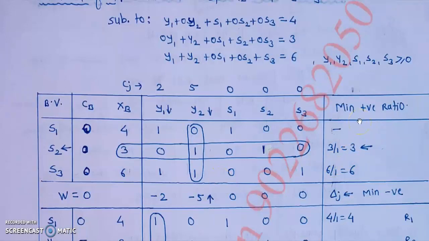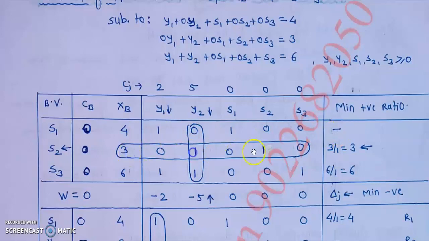We have the last column as the minimum positive ratio column, and how are these ratios obtained? These are nothing but the ratios of the xb elements taken with this key column element. We have decided the key column, that is 0, 1 and 1. So 4 upon 0 gives us infinity, that's why we put a dash over here.